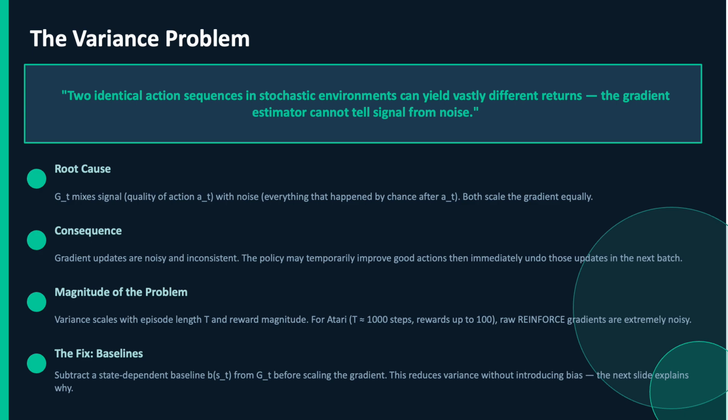But G_t mixes two very different things: the signal, which is information about whether action A_t was genuinely good or bad, and the noise, which is the cumulative effect of every random transition and action that happened after A_t. Both contribute to G_t equally, and the estimator has no way to separate them.